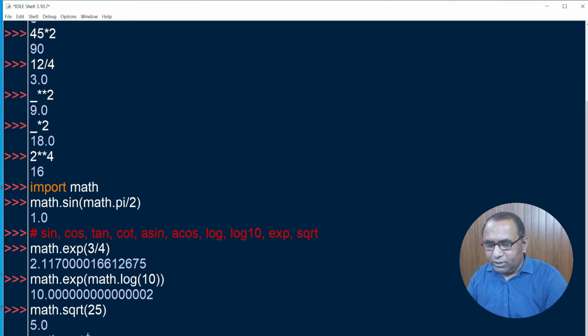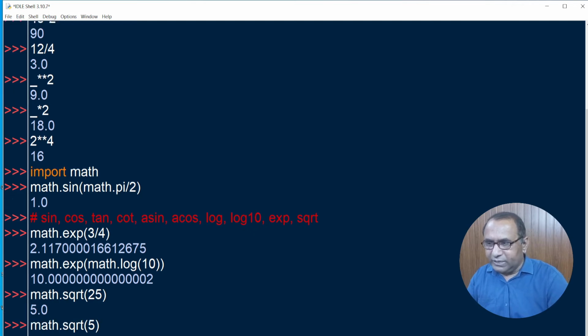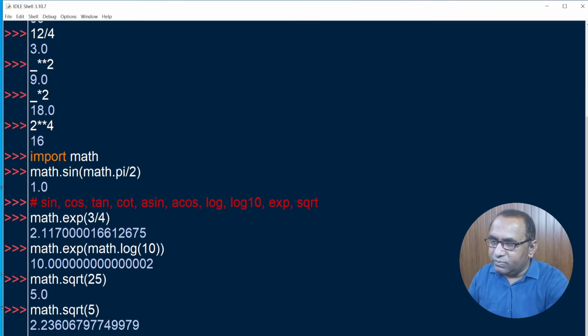The square root of the value 5, and when you enter, this is the square root of 5, which is 2.236067977499979. So these are some basic expressions of how we can import the module, and then manipulate the existing functions.